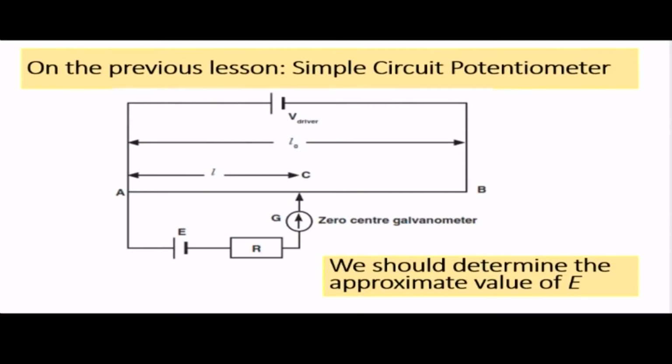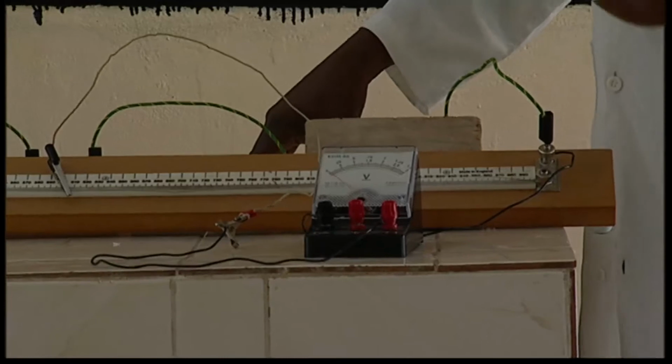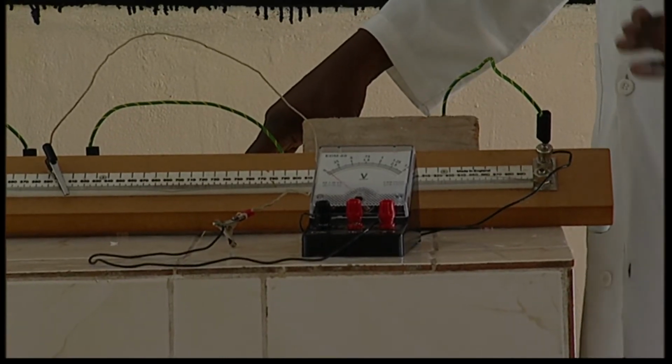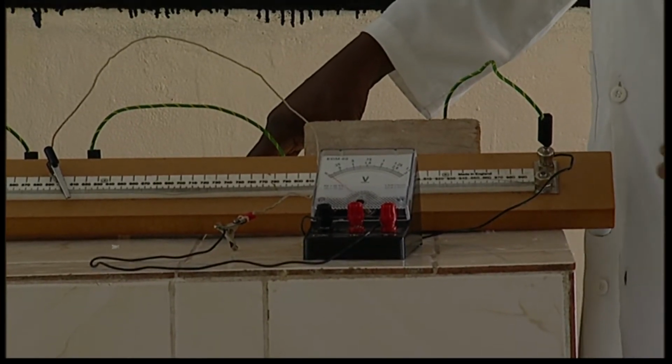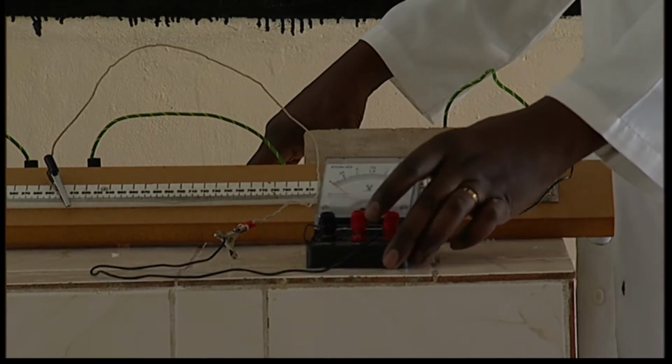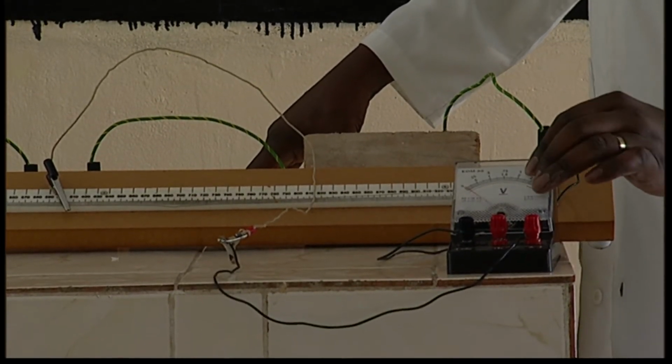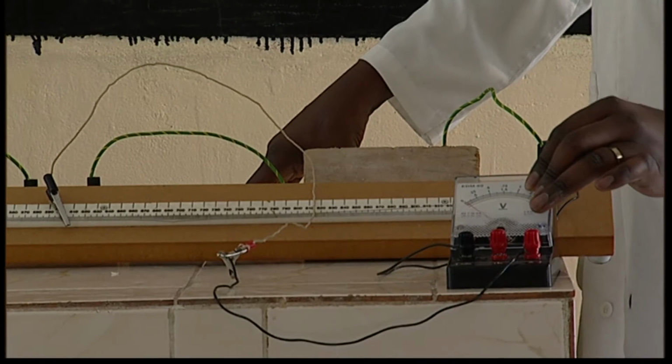As you remember, we have the linear potentiometer and a simple potentiometer that we can now show and use, which is this one. As you see, I have used this voltmeter.